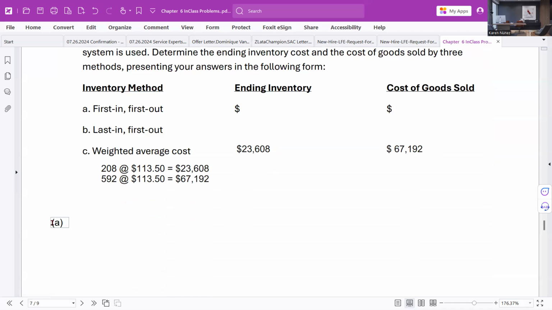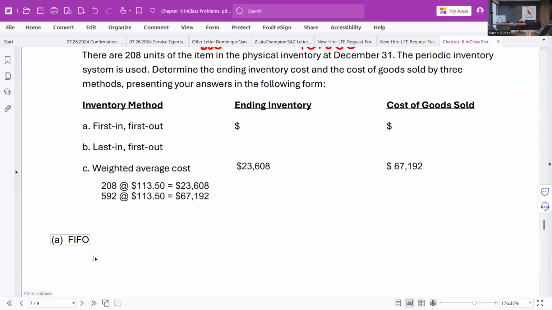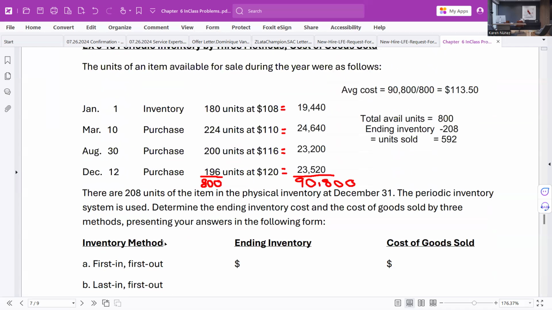When we look at FIFO, what we want to do is focus on first in, first out to find the cost of goods sold. They sold 592 units. And the first ones in are the first ones out.